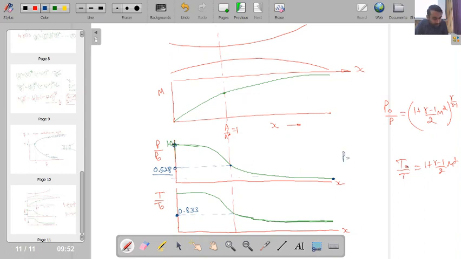So here I will be having P exit by P naught. This particular value has to be maintained at the exit point, then only I will be having the sufficient pressure drop across the nozzle to create a situation where I can get a Mach number equal to 1 at the throat. If my pressure is other than this pressure ratio, then I can have some situation when Mach number is not reaching the sonic situation at the throat.